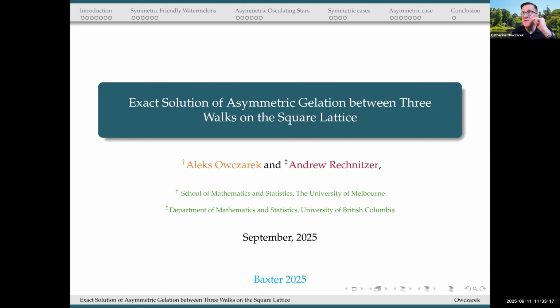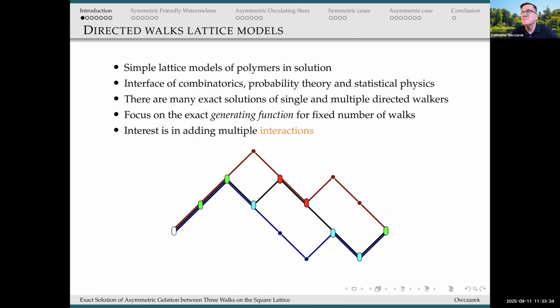And this is apropos of this talk today, because I spoke about something similar 10 years ago at the Baxter meeting in 2015, and this is the next chapter of it, which has taken this long to find.